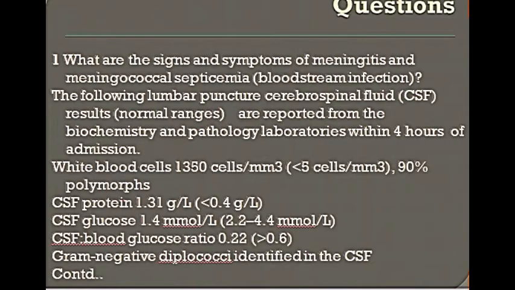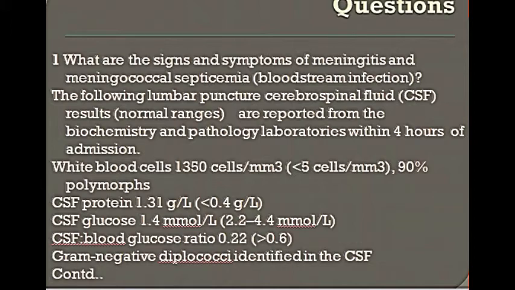Proteins usually range above 1 gram per liter in bacterial, tuberculosis and cryptococcal meningitis, and above 0.5 gram per liter in viral meningitis.